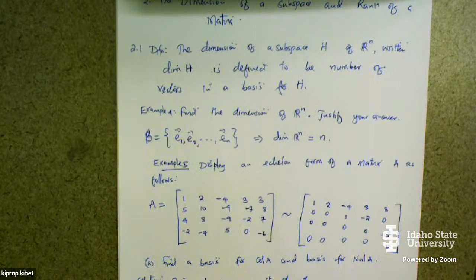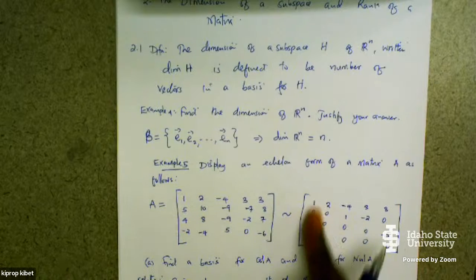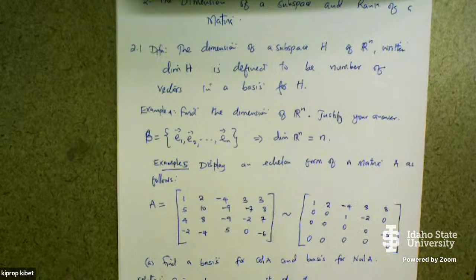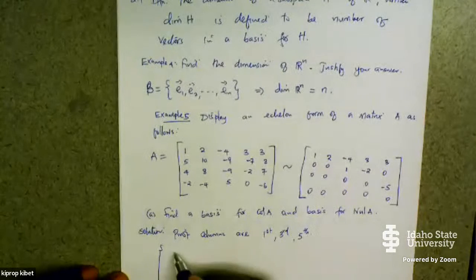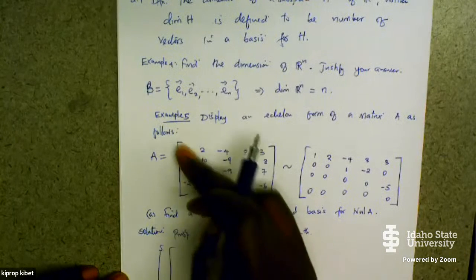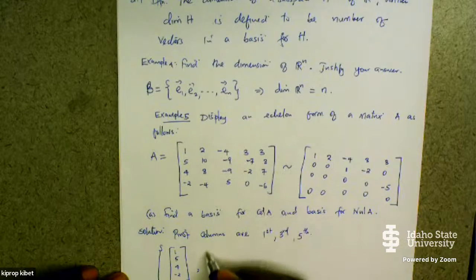So the basis there will be what? You now take from here the columns which have the pivot positions. So you write it like that. It will be 1, 5, 4, and minus 2. The next one is the third, which is minus 4, minus 9, minus 9, and 5.